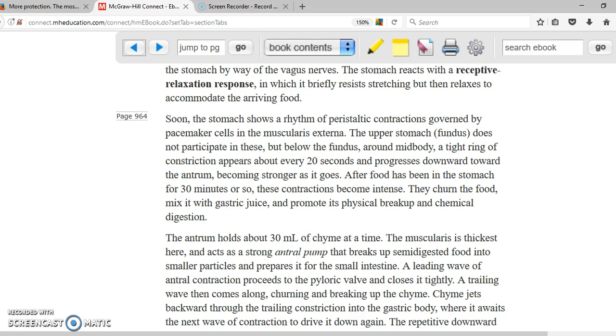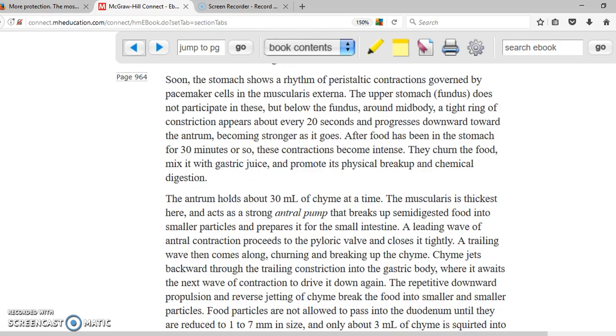After this, the food is being mixed with the acid, and little amounts of this food, now called chyme, are going to be ejected towards your intestine by opening and closing the pyloric sphincter.